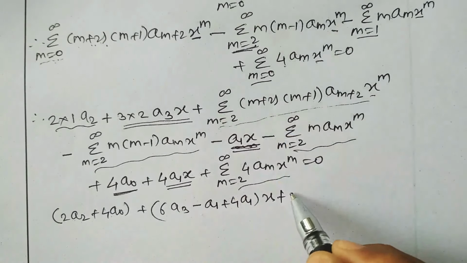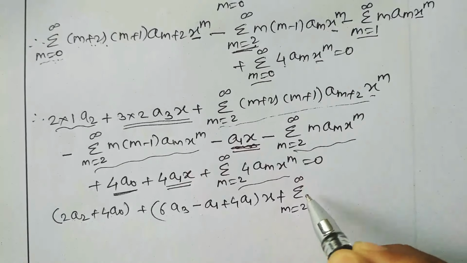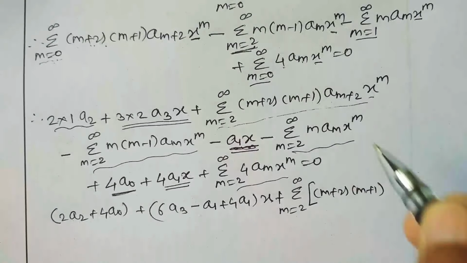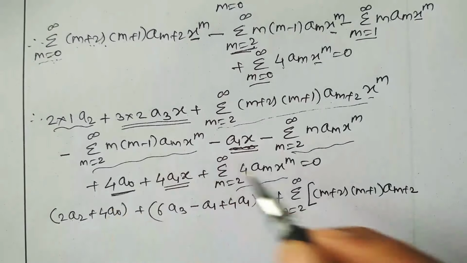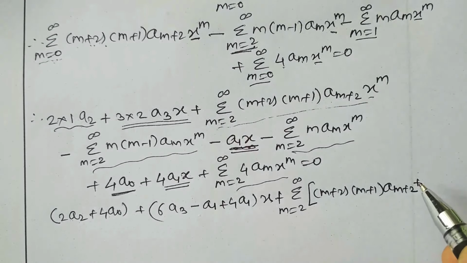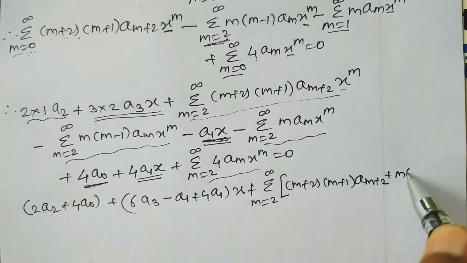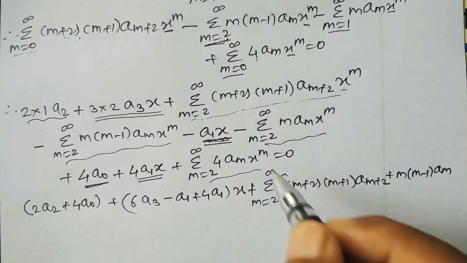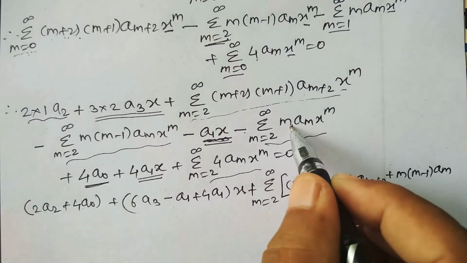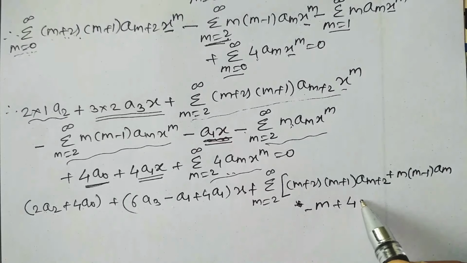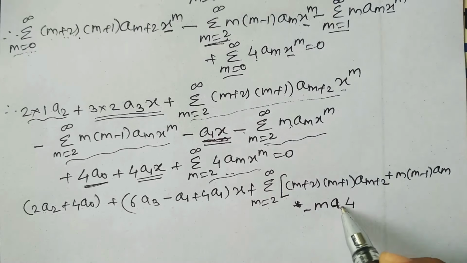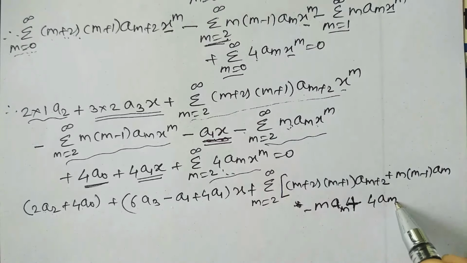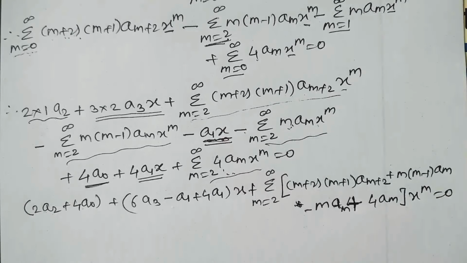So collecting all series, write m equals 2 to infinity, m plus 2 into m plus 1 am plus 2 for this series, plus m into m minus 1 am for this series, minus m for this series, plus 4, into am x raised to m equals 0.